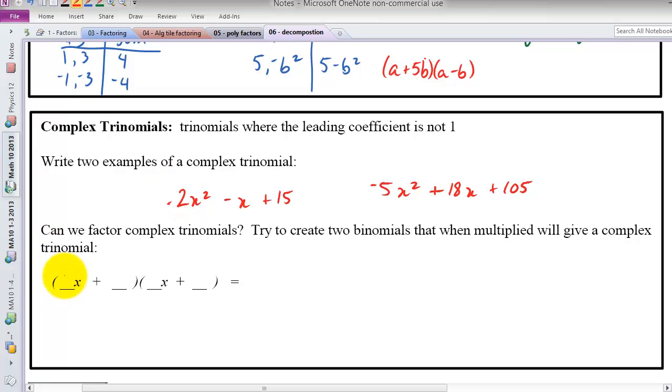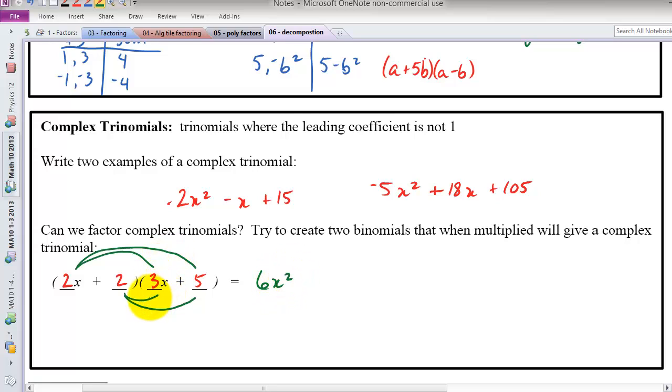What if we had two binomials, 2x plus 2 and 3x plus 5? Let's expand it and see what we get. So we get 2x times 3x is 6x squared.